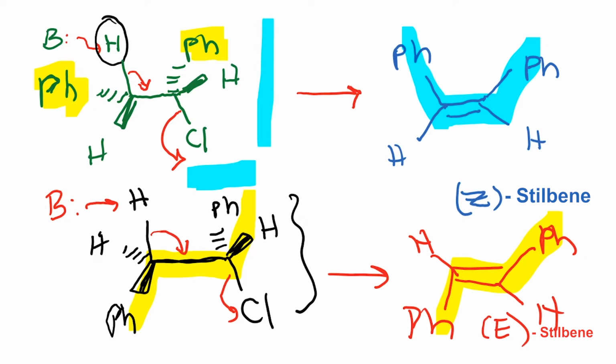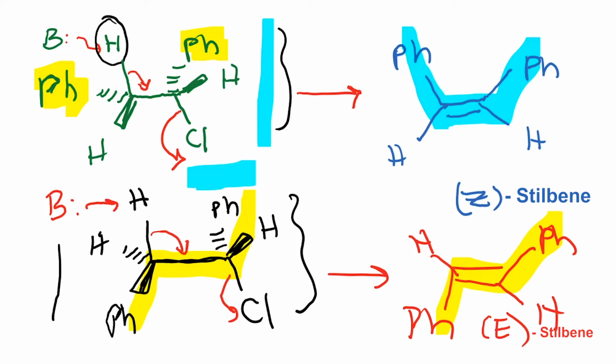So I'll repeat: it is very tempting to say that the E product is formed from this conformation, which has a higher population compared with this one. That kind of explanation would certainly help us rationalize the result.